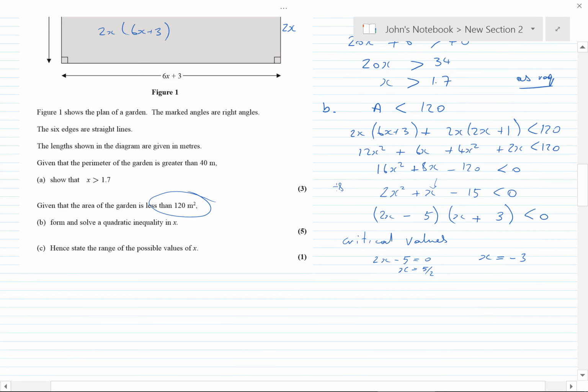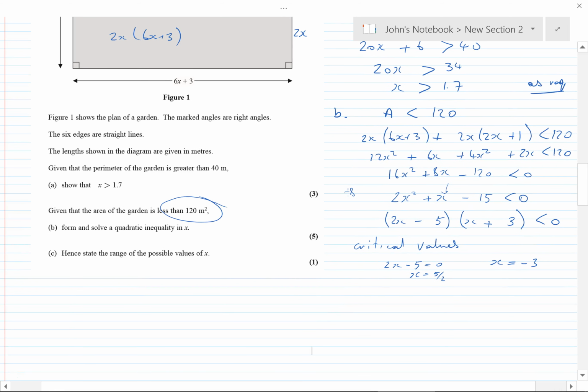So our inequality is going to involve those values in some sort. I do tend to prefer the number line method for this, but there is a graphical method too, so I might do both quickly. So number line, just draw a quick number line with the numbers that we're dealing with. We've got minus 3 here and 5 over 2 here.